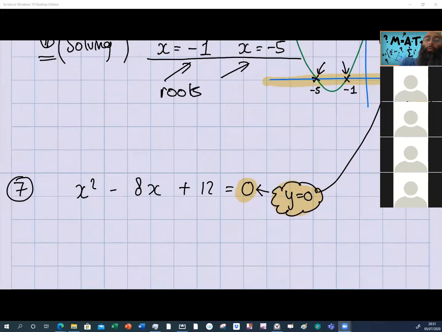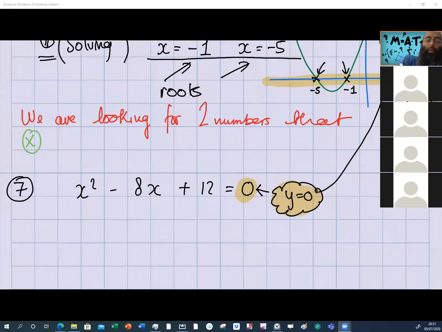So we are looking for two numbers that multiply.